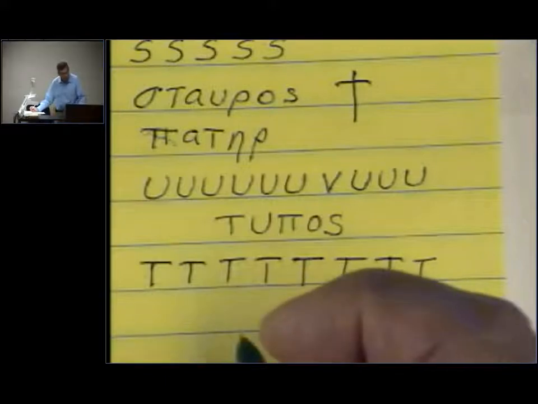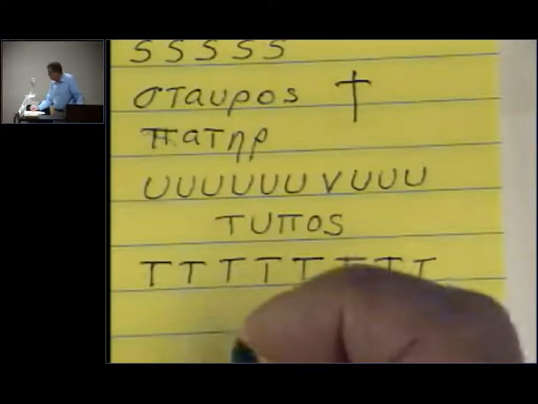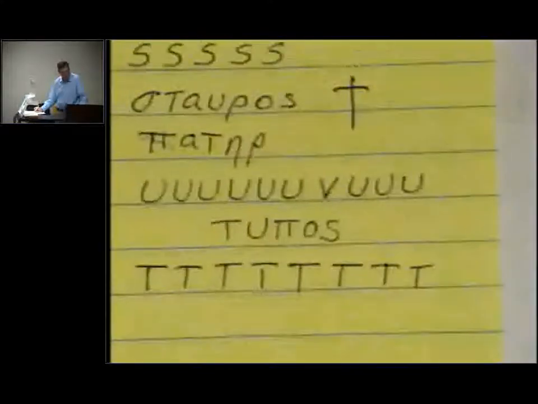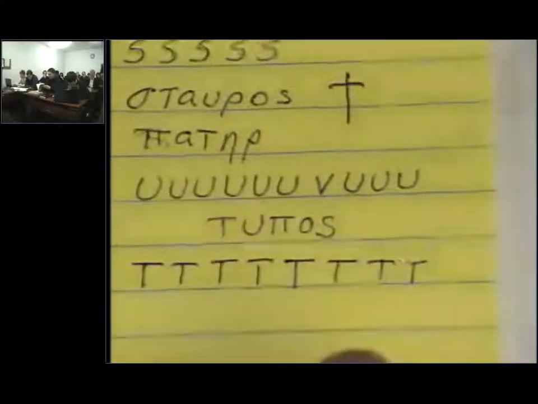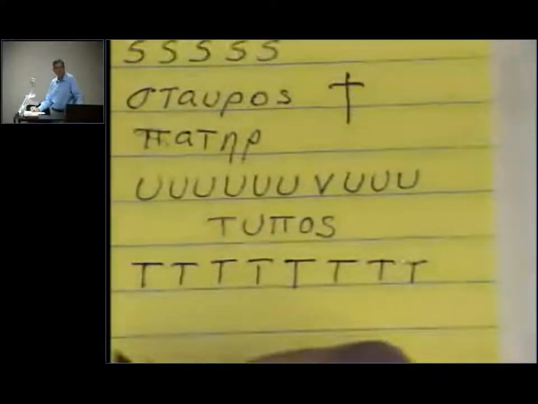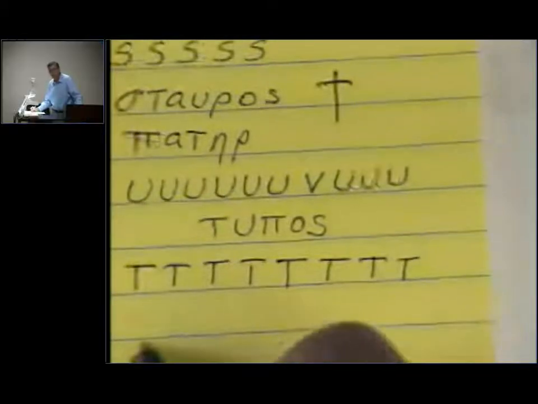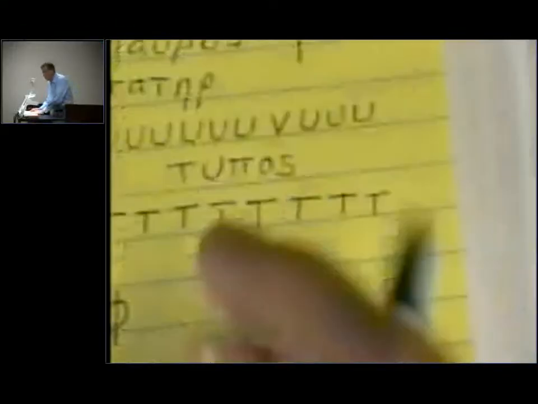Okay, good. All right, and we've had upsilon. This is upsilon right up here. Now we have phi. We draw a circle and we put a line down through it.